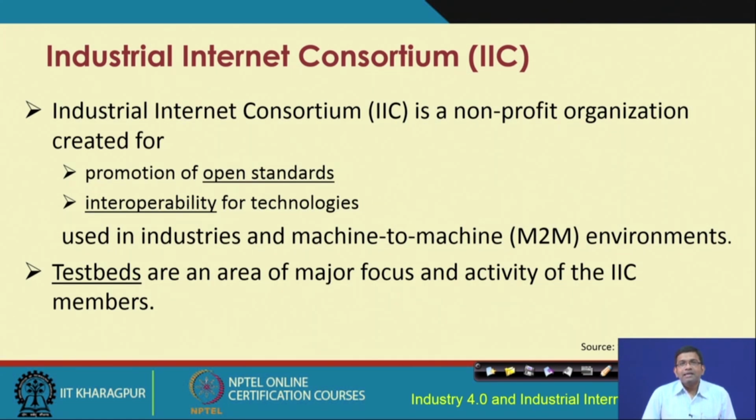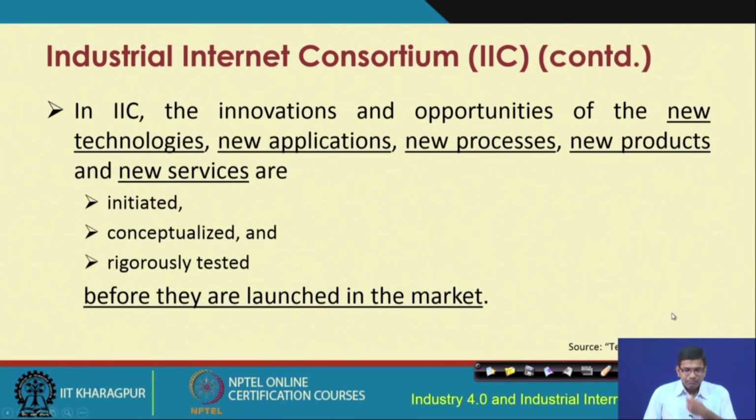This IIC is the one which came up with the Industrial Internet Reference Architecture, IIRA. Among its focus areas and activities is also the development of test beds for different trials, a major concern. Test beds are an area of major focus and activity of the different IIC members. The Industrial Internet Consortium continues to do different activities and tasks.